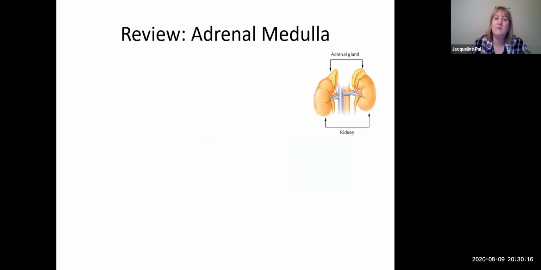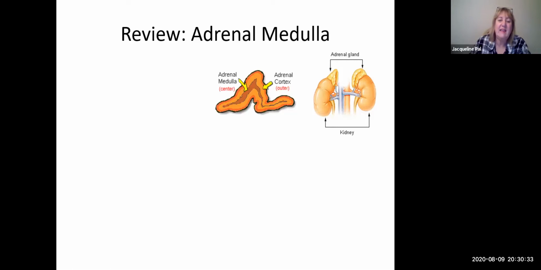And where we talked about this before was when we learned about the sympathetic nervous system and the adrenal medulla. So to refresh your memories, the adrenal gland is a triangular shaped organ that sits on top of each kidney. And it has an outer cortex, which we'll talk about later in this organ system, and an inner medulla.